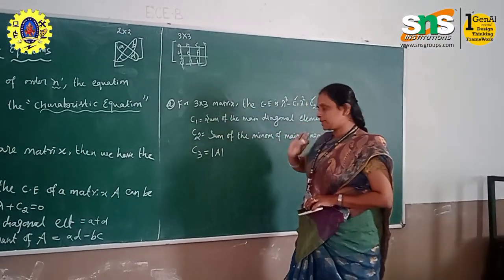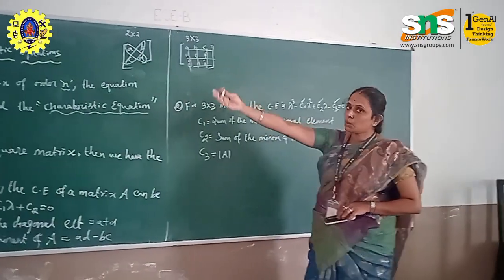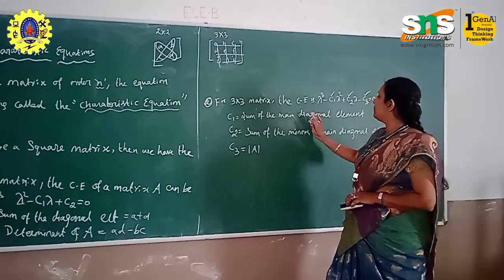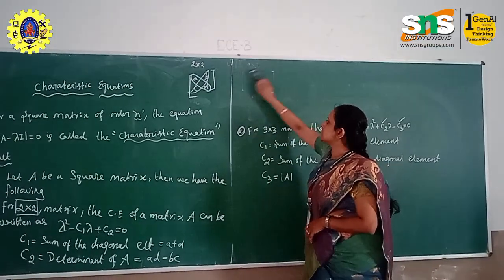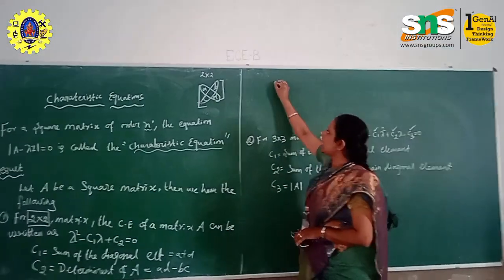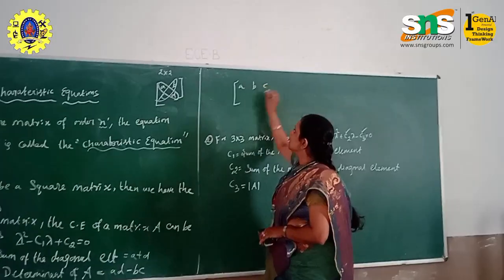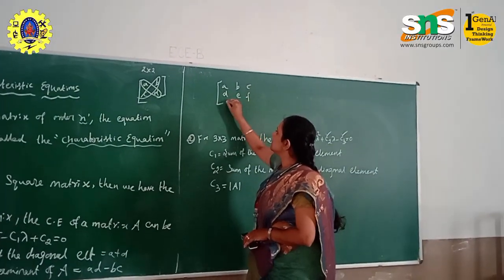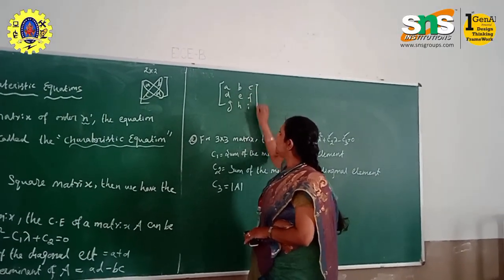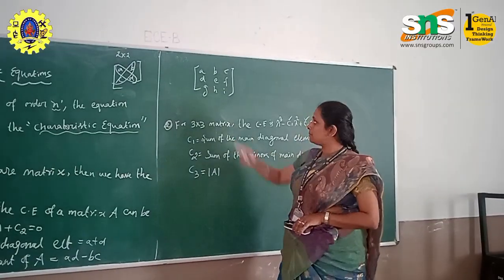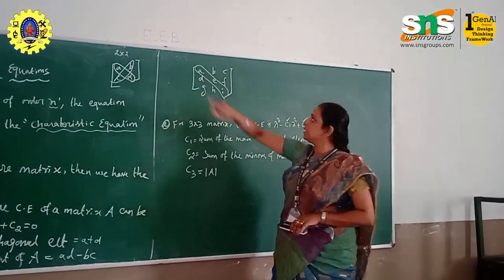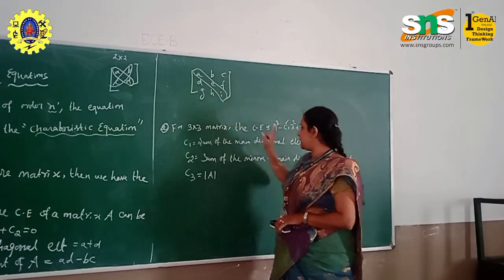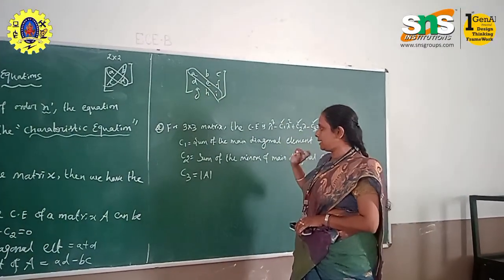C1 is the same as for the 2 cross 2 matrix, the sum of the main diagonal elements. In this 3 cross 3 matrix, the main diagonal elements are A plus E plus I.